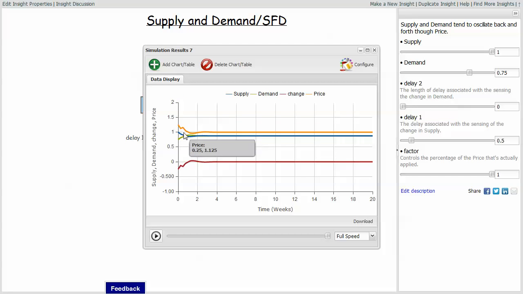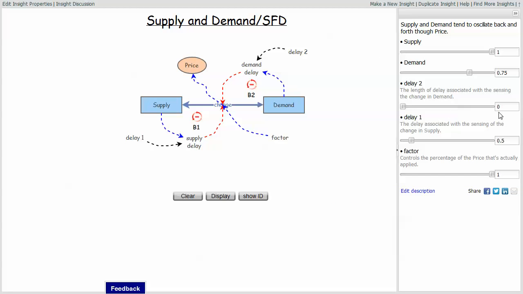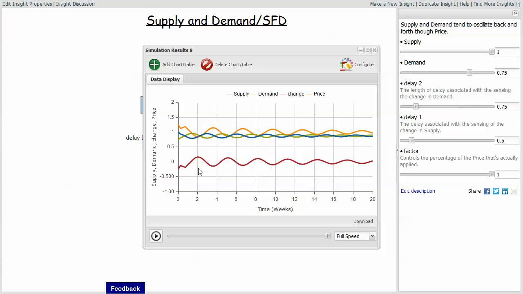You notice that there's some wiggles that show up in the model, and that's because of the period of time it takes for the change to actually be realized. And as delays in the system increase, let me add a delay over here in this part and run it again.